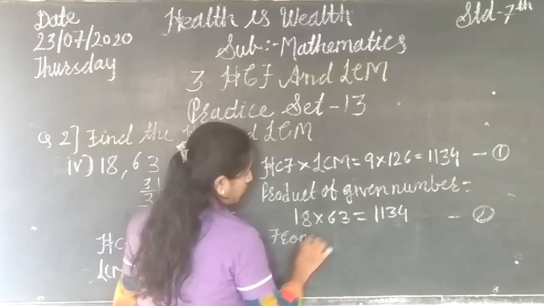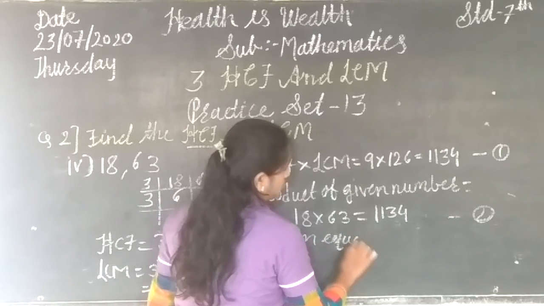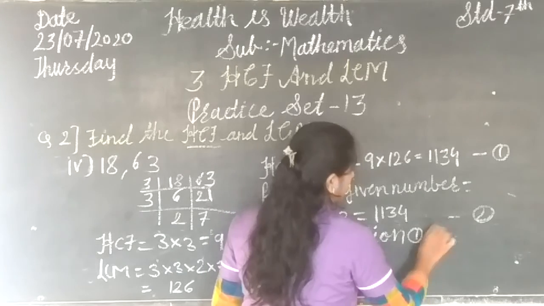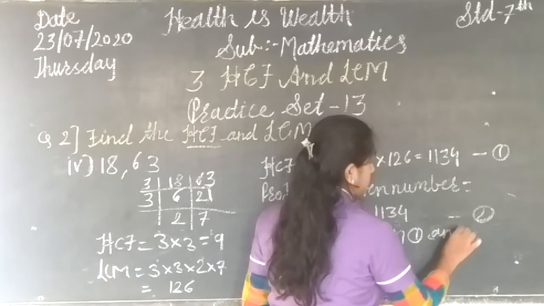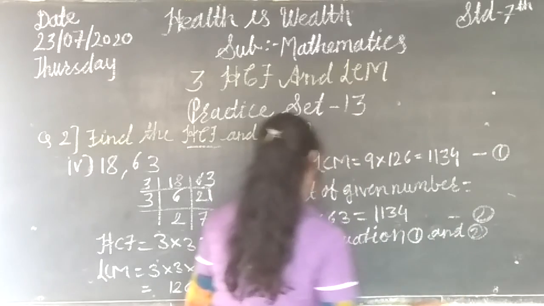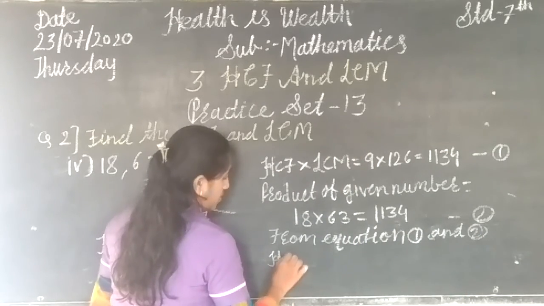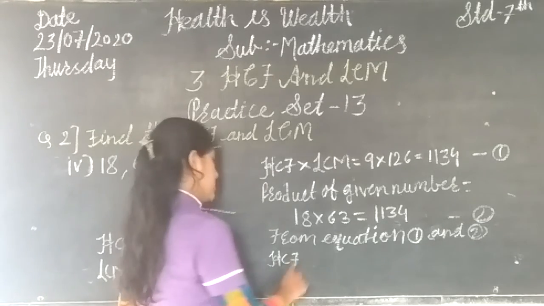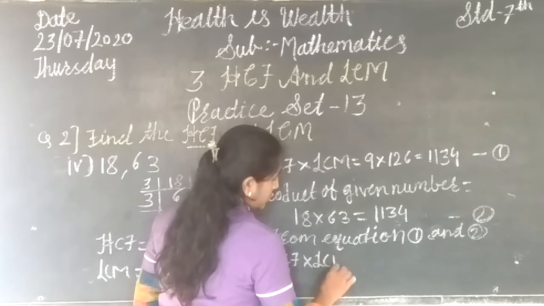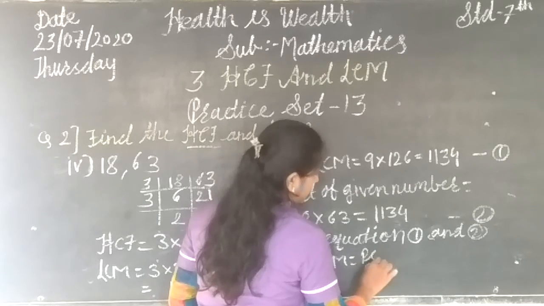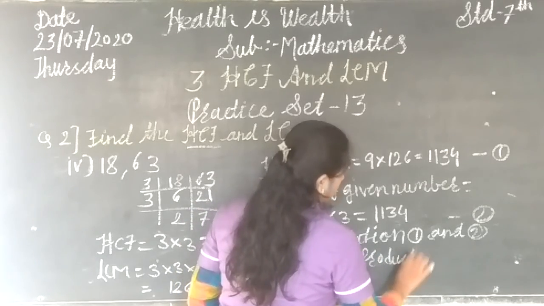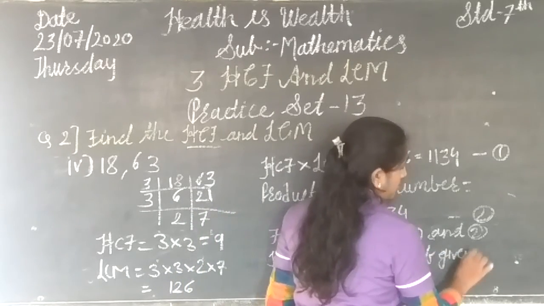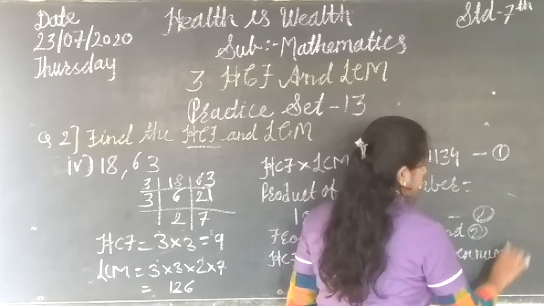Now, from equation 1 and 2, HCF into LCM, otherwise you can write the product of HCF and LCM, okay, that also you can write, is equal to the product of the given numbers.